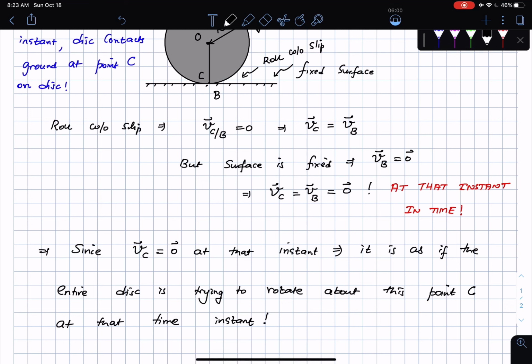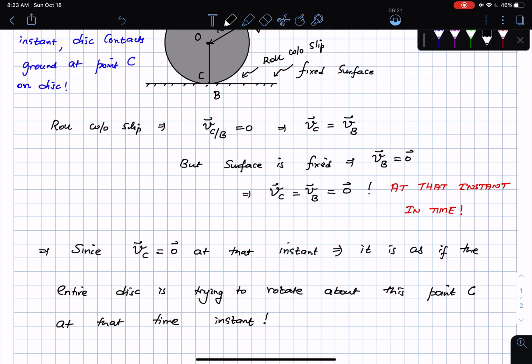Because imagine you have a pendulum fixed to a pivot, and the pendulum is trying to rotate about that pivot point. Obviously, at any given instant in time, the pivot is going to have a zero velocity. Such a point is a fixed point. What I'm saying is that at that particular instant in time, this point C is behaving as if it's a fixed point.